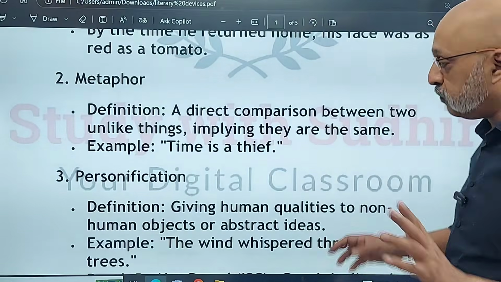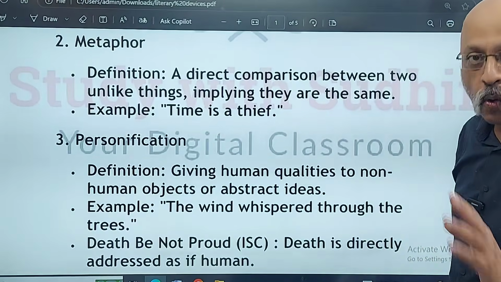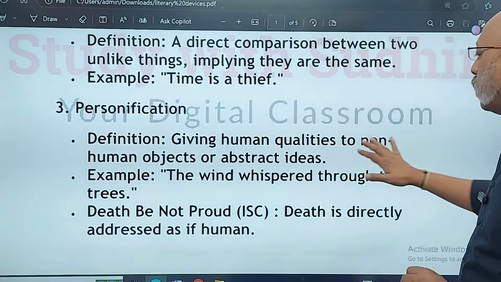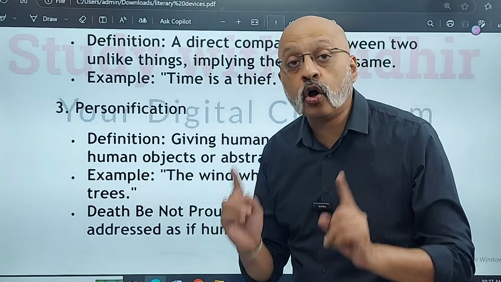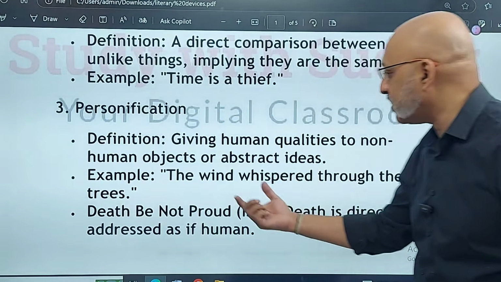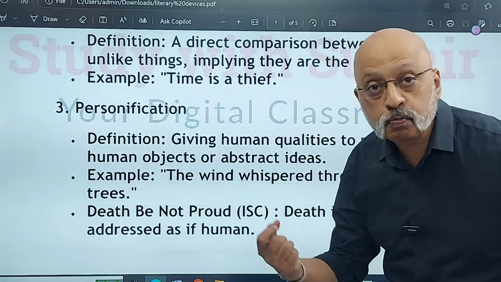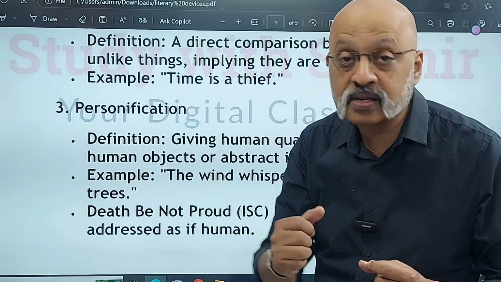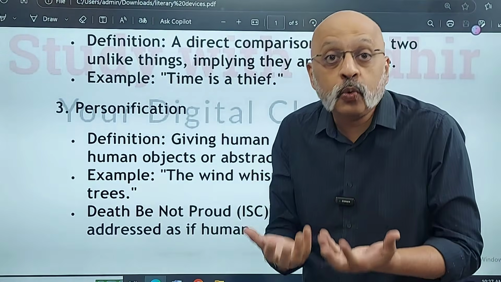Third one is personification, which I personally quite like. Personification is giving human qualities to non-human or inanimate objects or abstract ideas. For example, the wind whispered. Because of the kind of sound that the wind makes, it seems as if it's whispering.